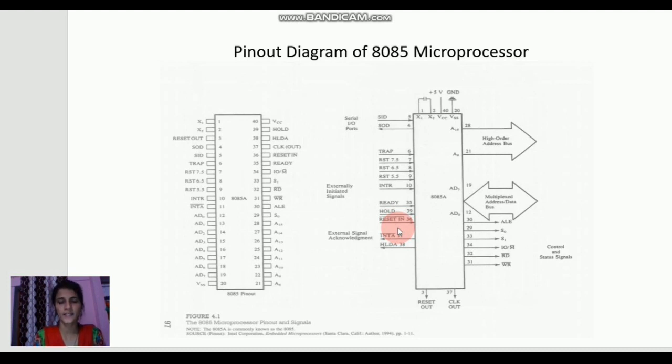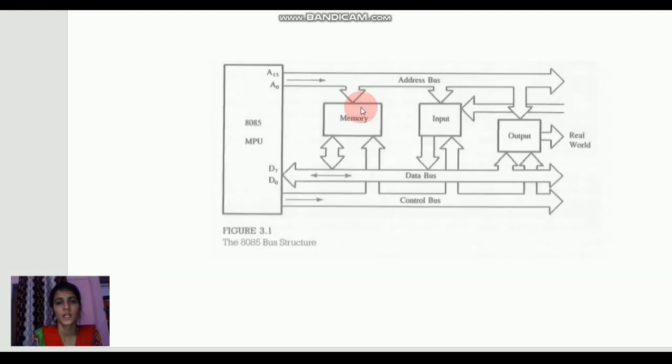So they are for external signal acknowledgement. There are 8 pins for higher order address bus and 8 for the time multiplexed address-data bus. Reset out and clock out are out of phase with reset in and internal clock respectively, used to synchronize other devices. This figure shows the 8085 bus structure.